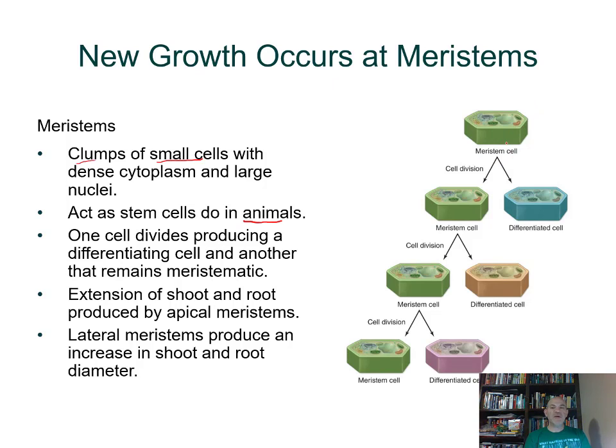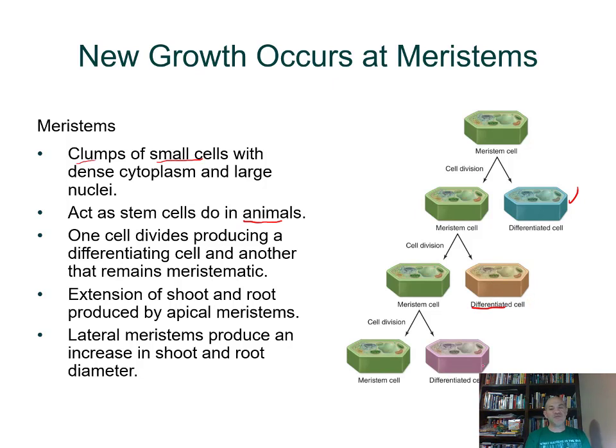You start with a meristem. When it divides, you get two cells. One stays there in the area where it divided, and the other one differentiates and starts becoming some other kind of tissue. Maybe this one is going to go on to become dermal tissue. Then another meristem cell divides, and the other cell differentiates into some other tissue, so it would be ground tissue or vascular tissue.